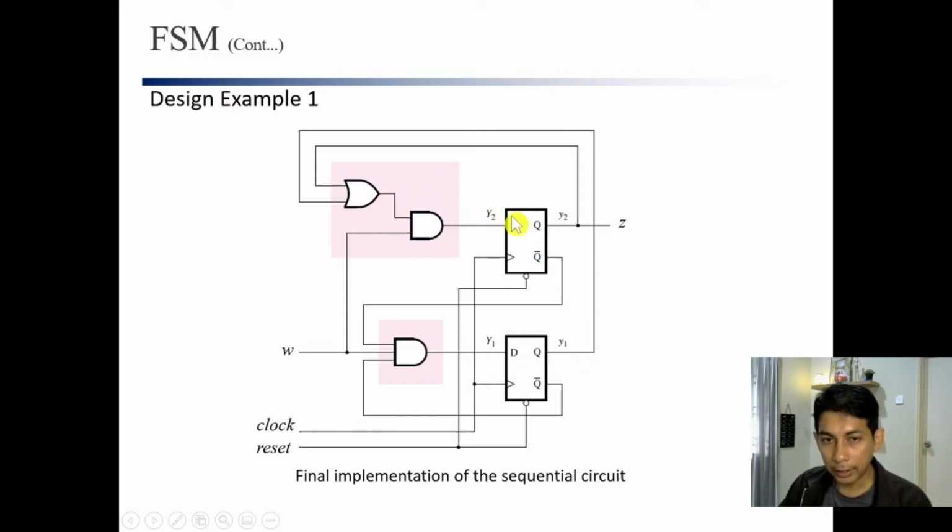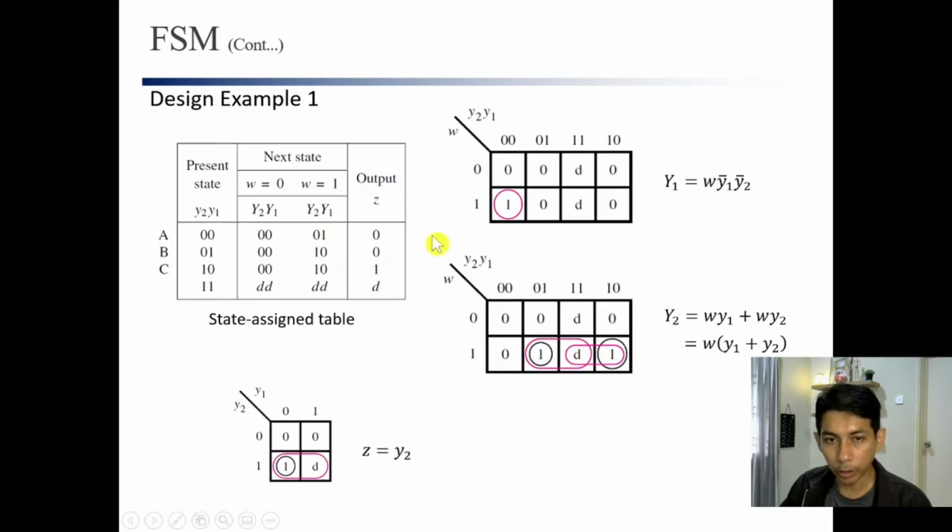But if you look at this, the process is quite troublesome and time consuming. Take into account that if we have three states like this, it's still simple, easy to generate the Boolean equation to generate the circuit. But if we have, for example, 10 states, the process is not that easy, right?